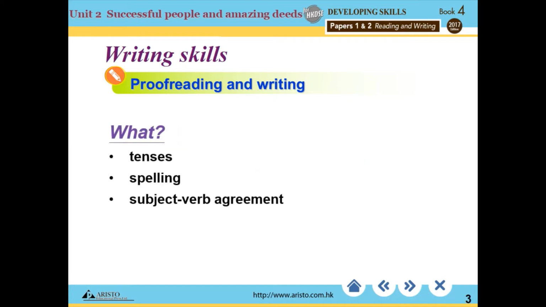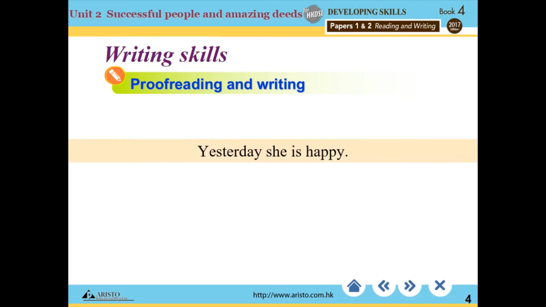There are many types of mistakes you can make in a piece of writing. We're going to focus on 3 types: tenses, spelling, and subject-verb agreement. Let's take a look at this sentence. Yesterday she is happy. Since this is talking about something that happened yesterday, the verb should be in the past tense.